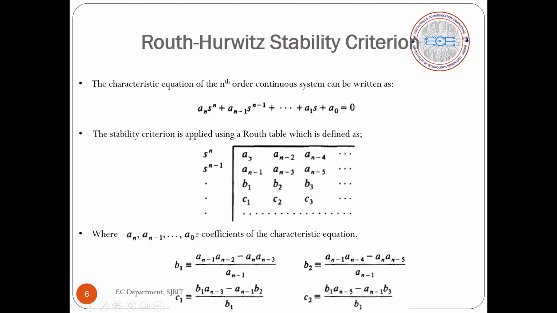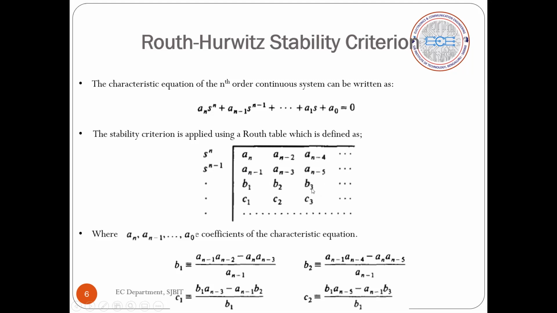For b2 you take the first column and the third column, so that is a_(n-1) times a_(n-4) minus a_n times a_(n-5). You take the secondary diagonal product minus the primary diagonal product, divided by the base element, a_(n-1). We call this the base element.